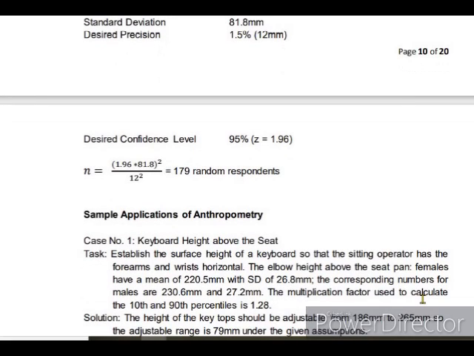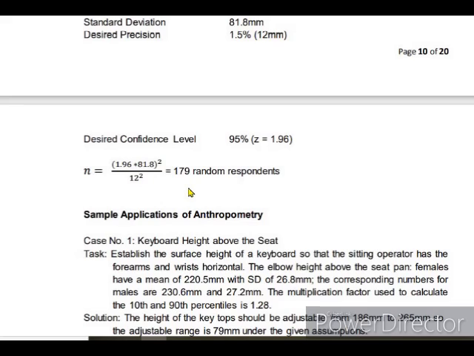So desired confidence level, 95%. Of course, so z is equal to 1.96 if 95%. So we just substitute those values in our formula. N is equal to the square of, what is 1.96, it is the z. What is 81.8, it is the standard deviation. All over what is 12, it is the desired precision.